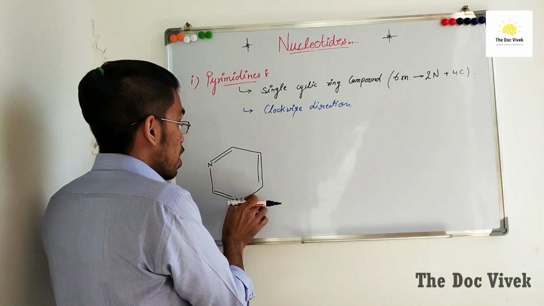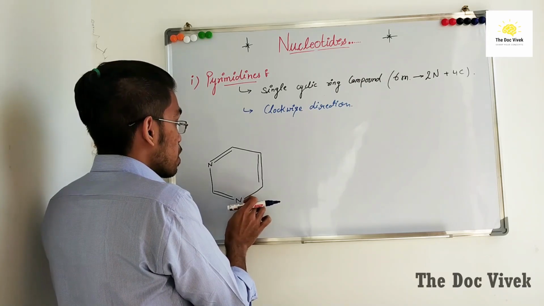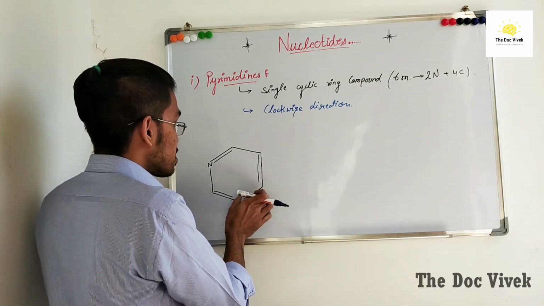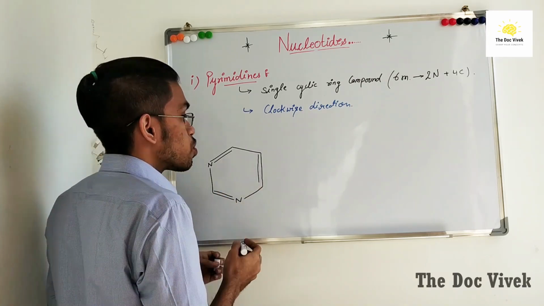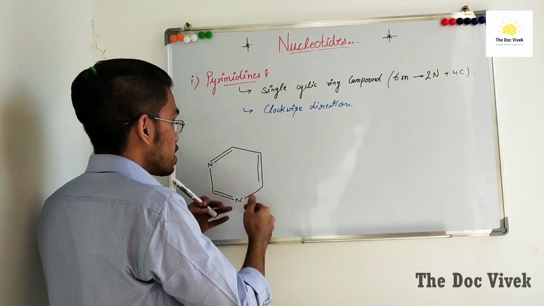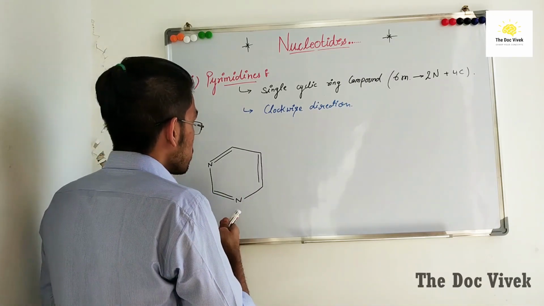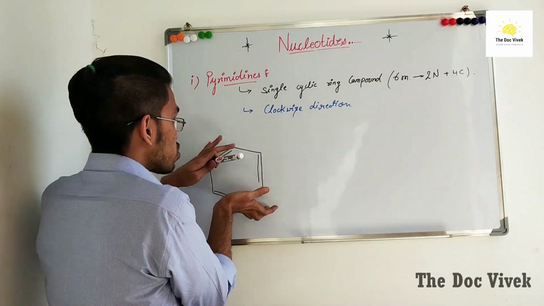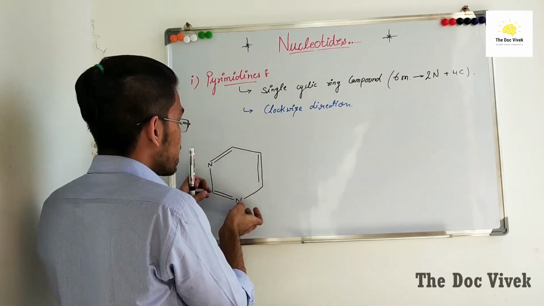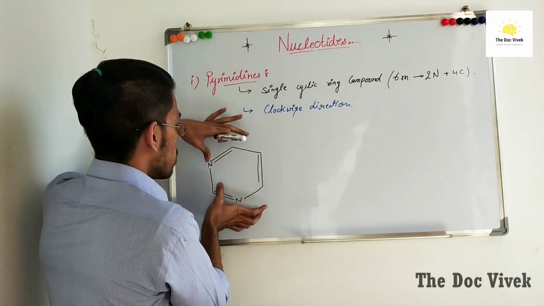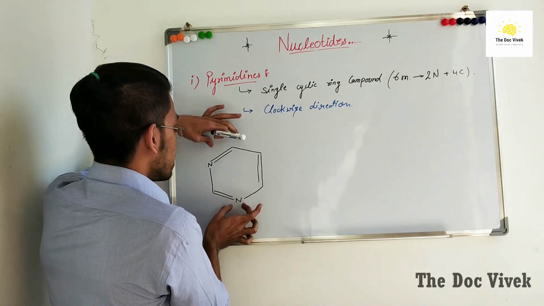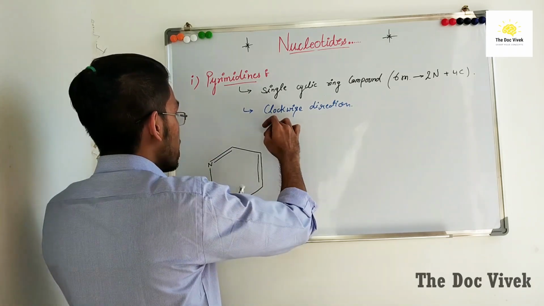The examiner can confuse you by rotating this ring, maybe putting this nitrogen in the upward direction.